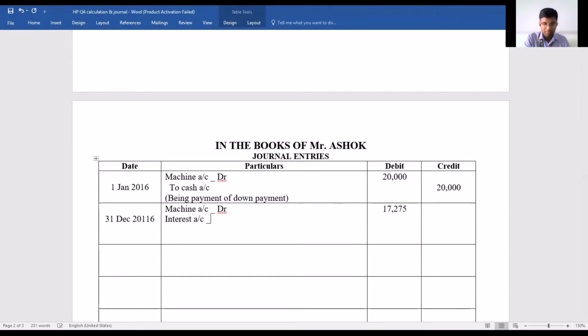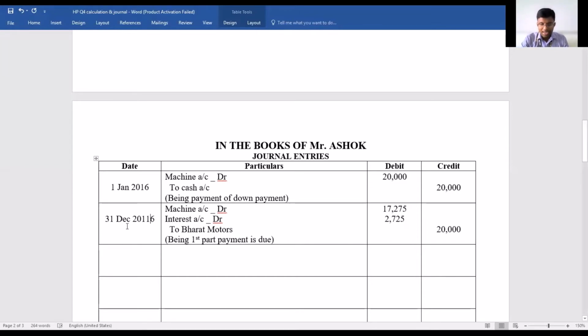Then interest account debited 2,725, and this part payment is due to the vendor, and the vendor in this case is Bharat Motors, and the amount due is 20,000. Being first part payment is due.